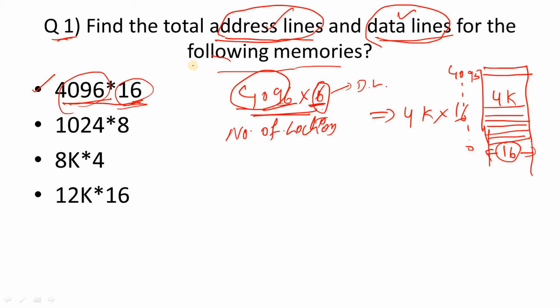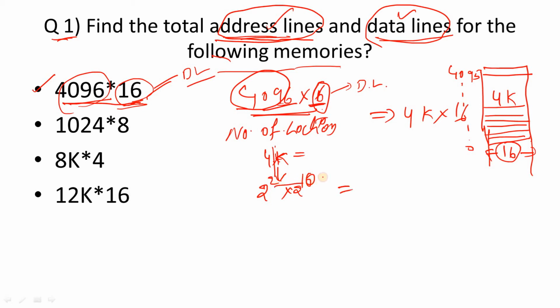Coming to this one, data lines are 16, which is the word size of the memory. Coming to the address lines, 4096 means 4k memory size, where k is the simple representation. Let us separate these two: k is equal to 2 power 10, and the 4 is 2 power 2.